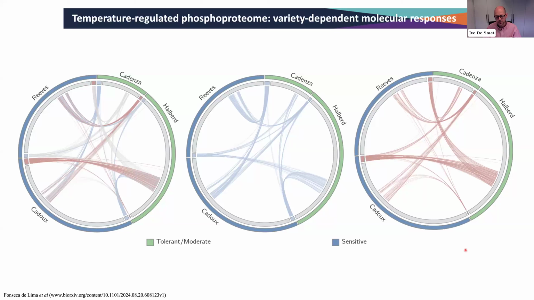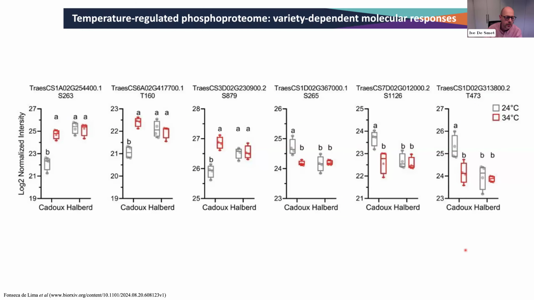If we zoom in to a few selected candidates, what we observe is that in our sensitive variety, we get a nice upregulation or downregulation, depending on the phosphosite that we are looking at.